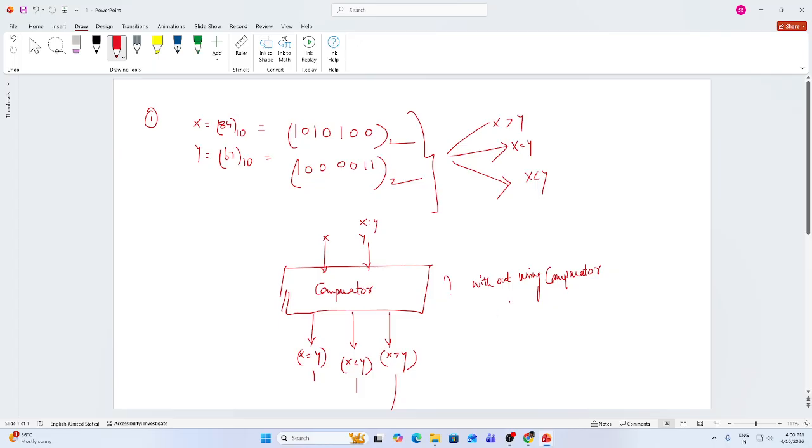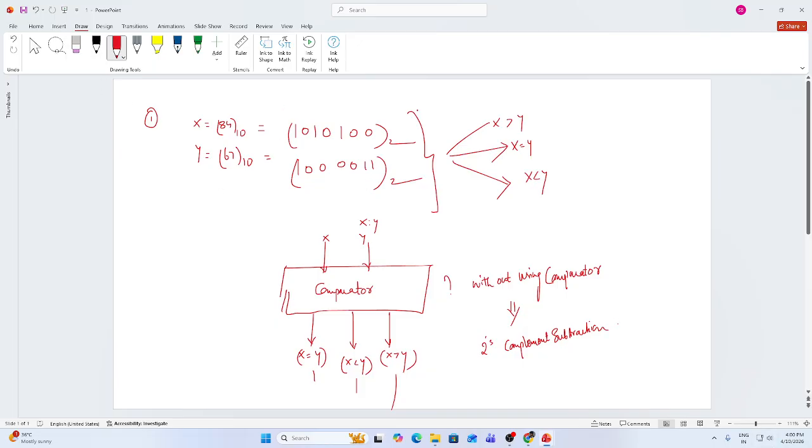We can avoid the comparator by using the 2's complement subtraction method. So what is this 2's complement subtraction method? Let us see here.